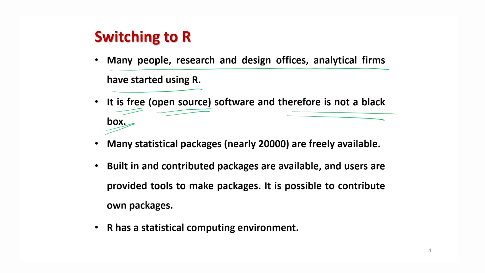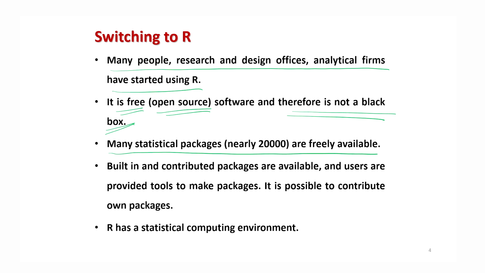All its codes are freely available, so you can go inside the codes and you can modify the programming according to your need. And as of now, nearly 20,000 statistical packages are freely available to work in the R software. What does this mean? Every package is trying to facilitate some type of statistical analysis.